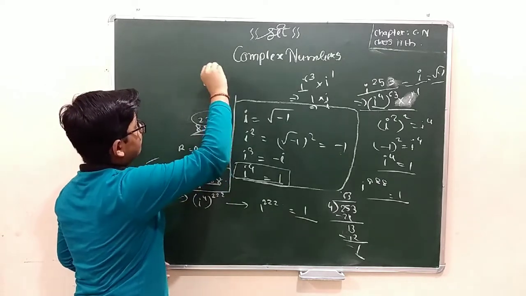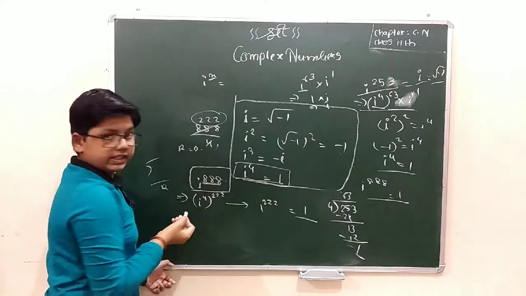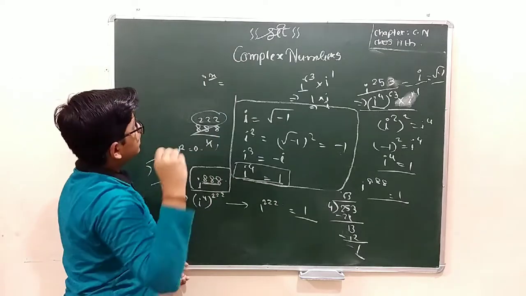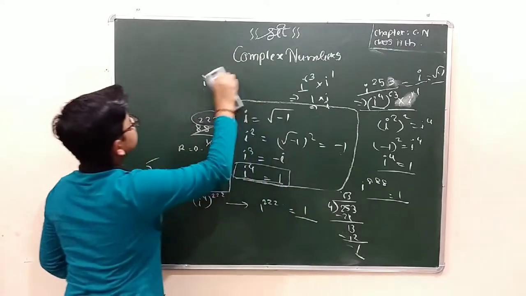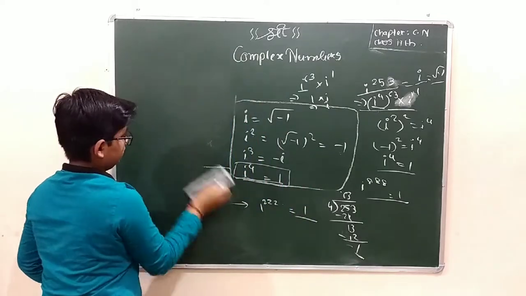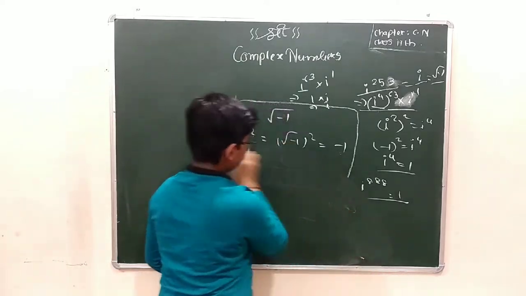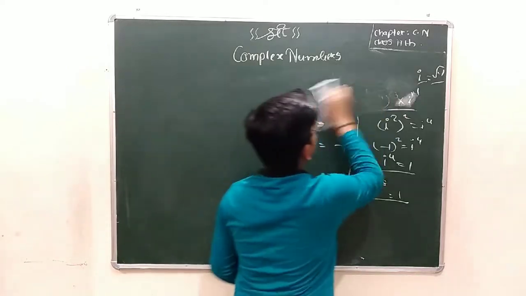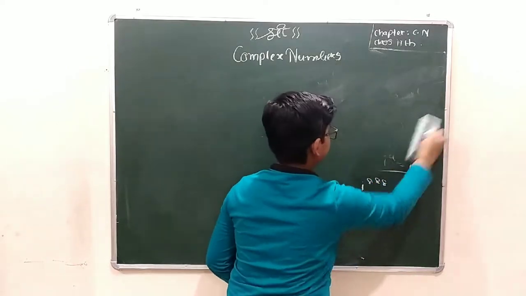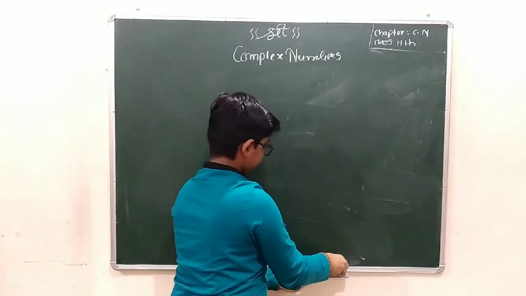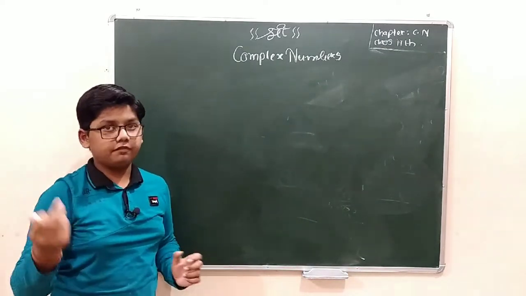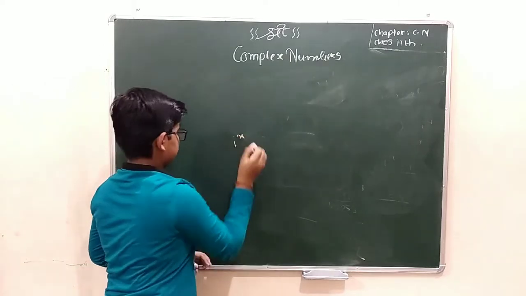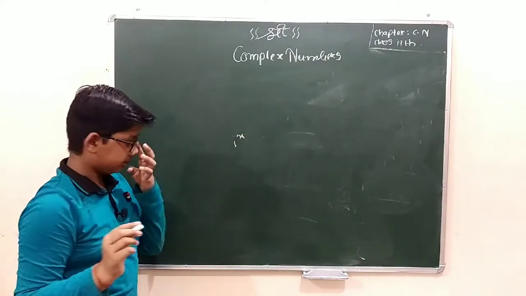So here, multiplied by i to the power of the remainder, then we will get the value of i to the power x. So this is all about the exponents of i, that is, i to the power x.